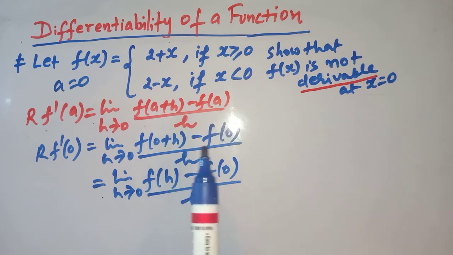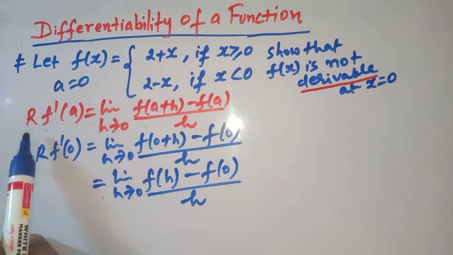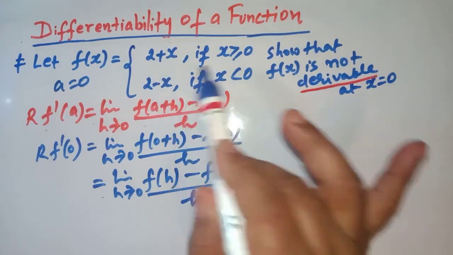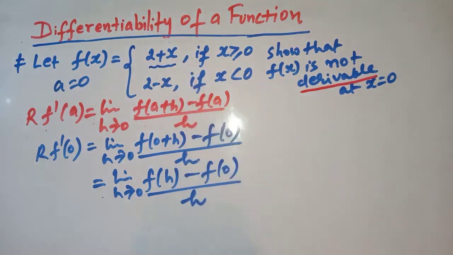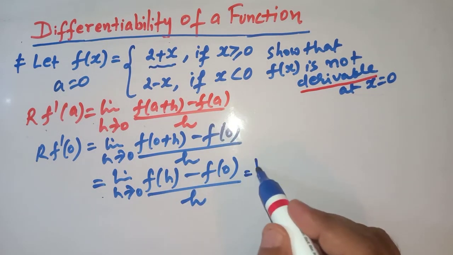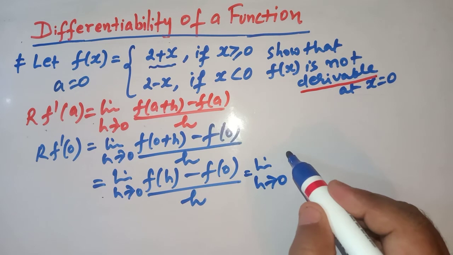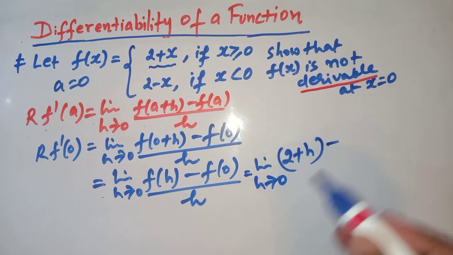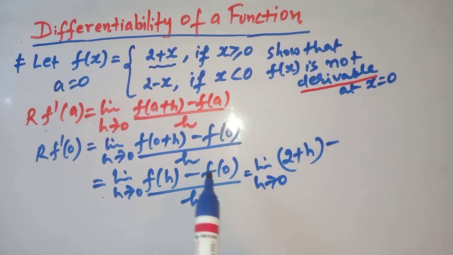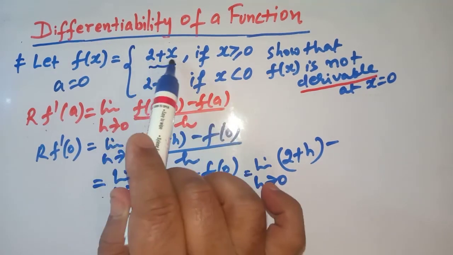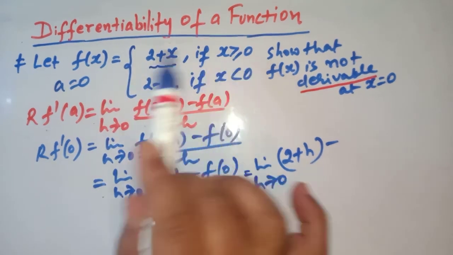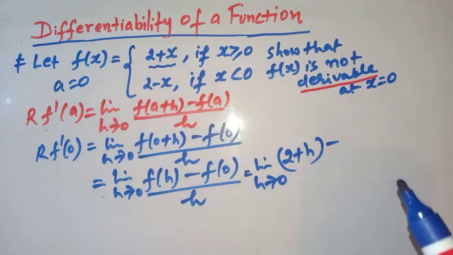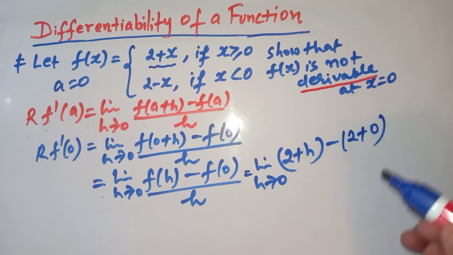Now viewers, since we are finding the value of the right hand derivative, we'll take the function f(x) as 2 + x. So what is the value of f(h)? It is limit h tends to 0, 2 + h, and minus f(0). f(0) is again obtained from this expression because x is greater than or equal to 0. So for x = 0, the function is f(x) = 2 + x, so here we have 2 + 0.